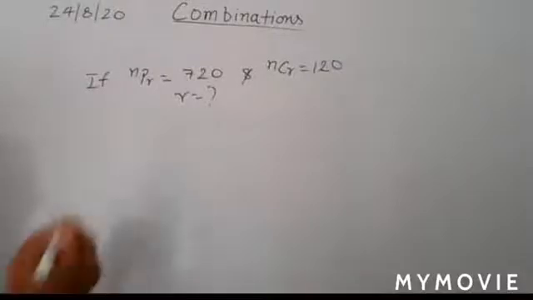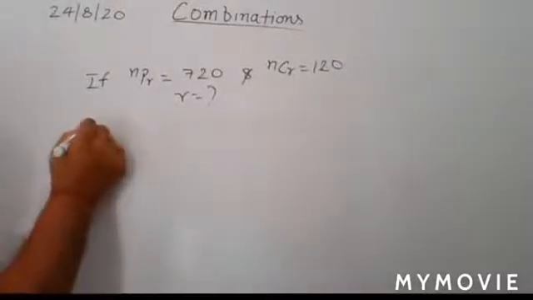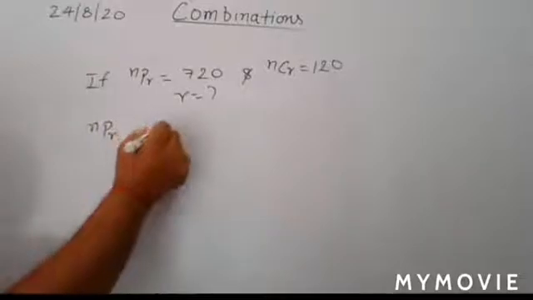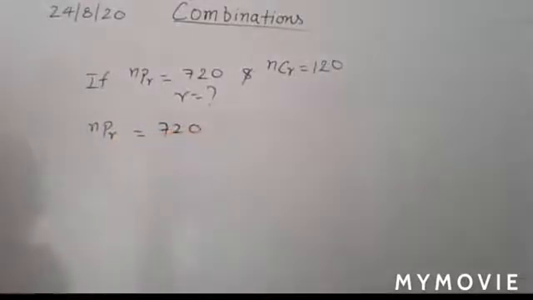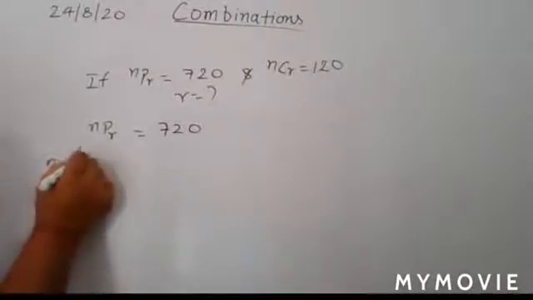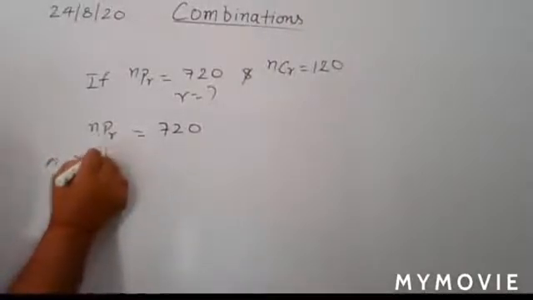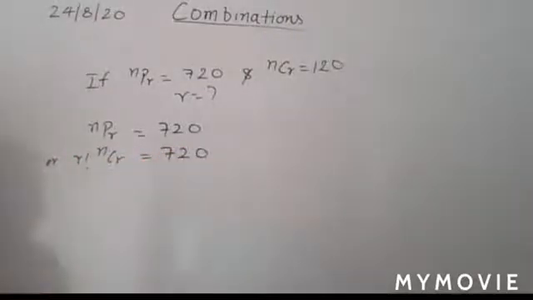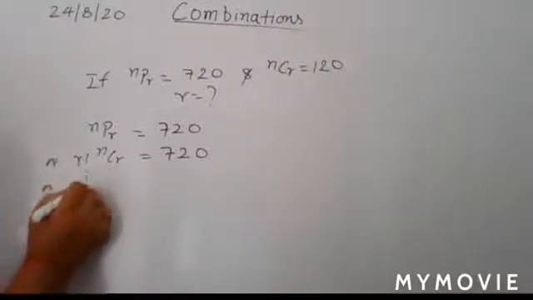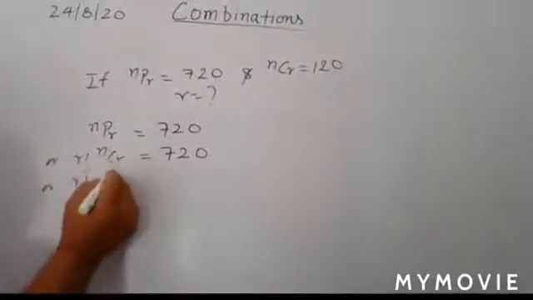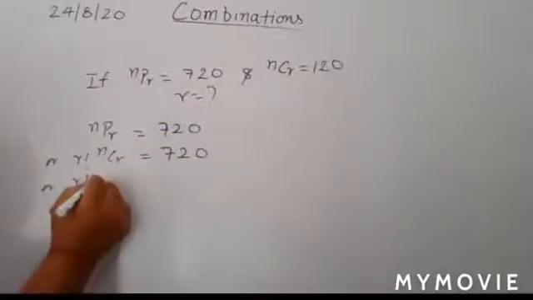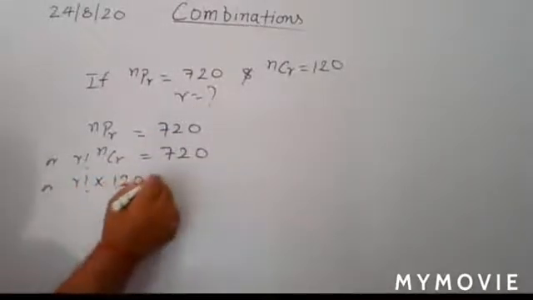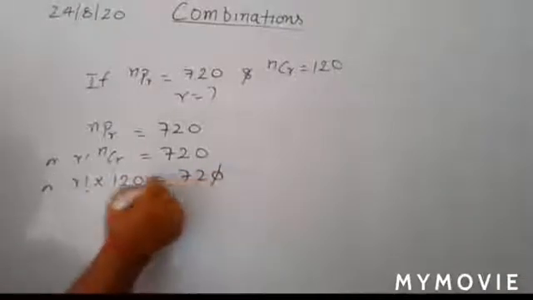How do you find it? Just listen. Here you have nPr is equal to 720, and already you have a result: nPr can be written as factorial r into nCr is equal to 720. Here you have factorial r, and the value of nCr is already given, which is 120, is equal to 720.